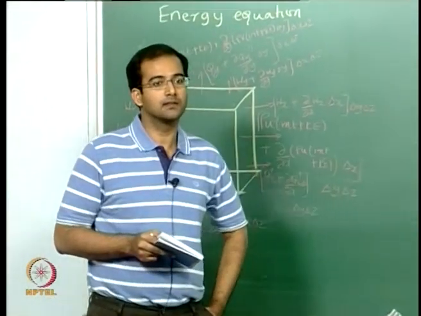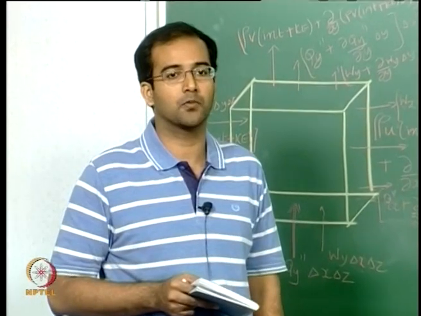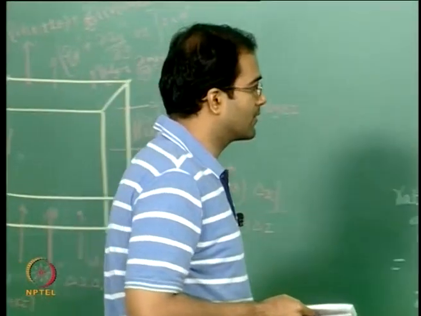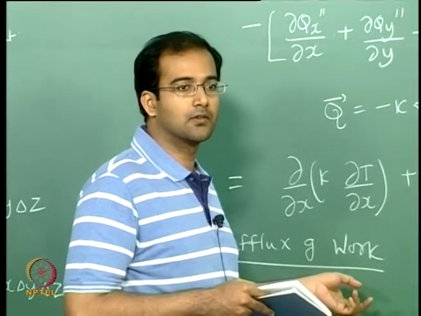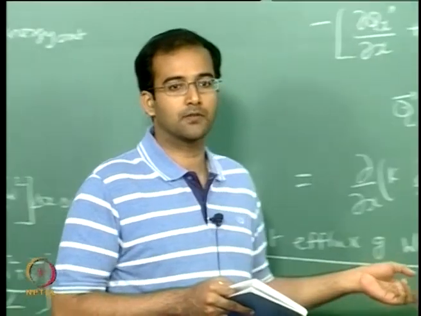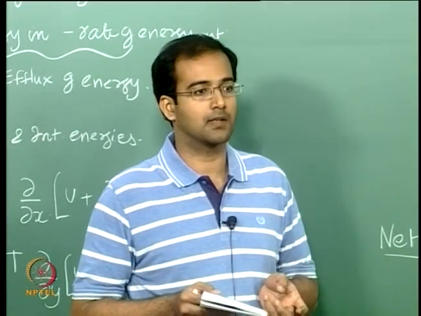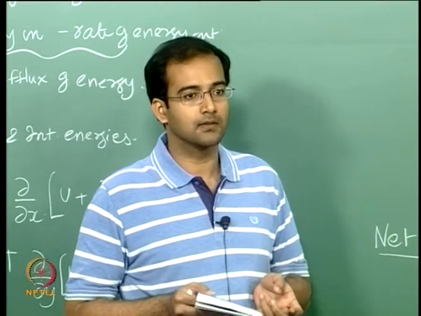The forces, all the forces, the surface forces and the volumetric forces, are all included under the work term. If you go back and revisit your momentum equation, you look at what are all the surface forces and body forces acting, and then you multiply them with the respective velocities. That will give you the amount of work.